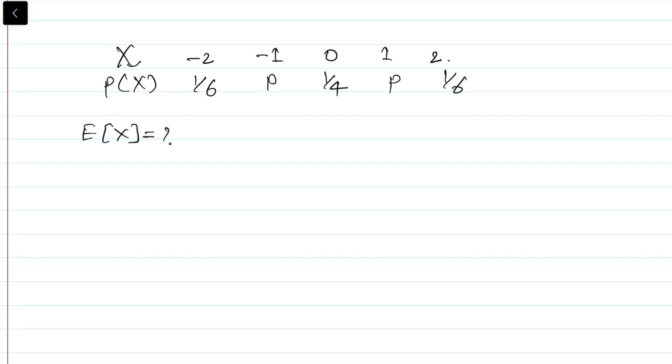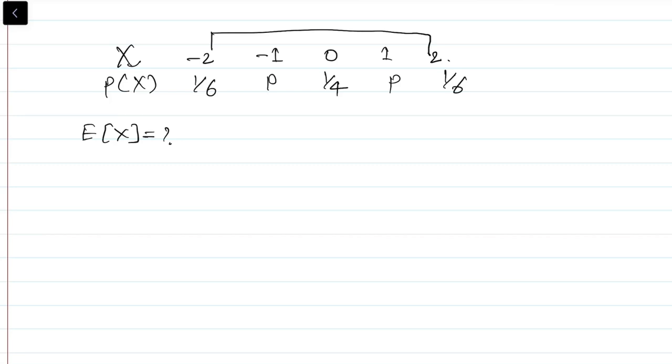So one thing you can note here is that whatever will be the expectation, that will lie in between -2 and 2. So this is the checking point. If you get the expectation something like -3 or 3, then your answer must be wrong, because expectation must be in between -2 and 2. All right, so that's the checking point.